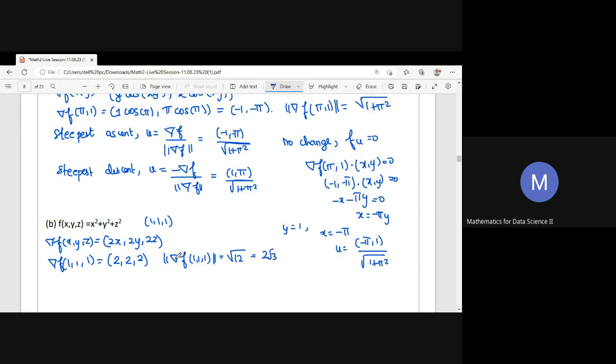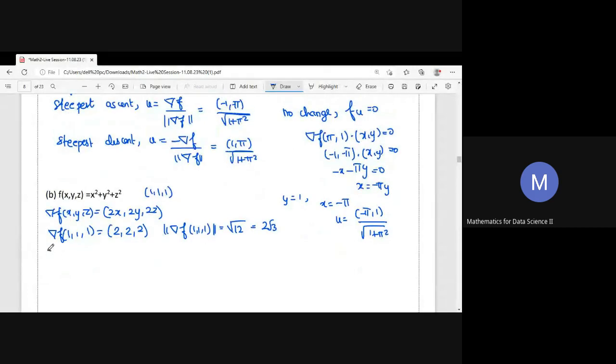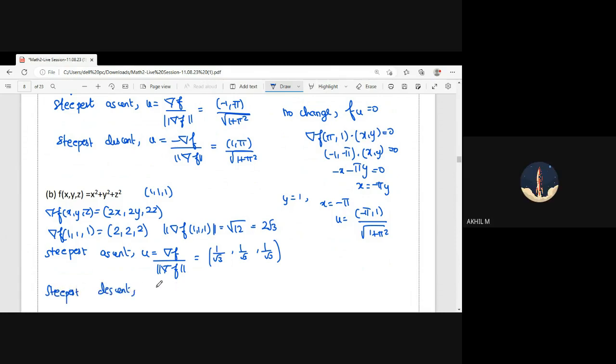Now you see, what is the steepest ascent? u will be equal to del f by norm, (2, 2, 2) by 2 root 3, so (1 by root 3, 1 by root 3, 1 by root 3). And the steepest descent is (minus 1 by root 3, minus 1 by root 3, minus 1 by root 3).